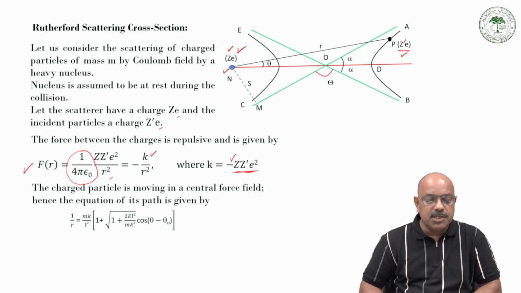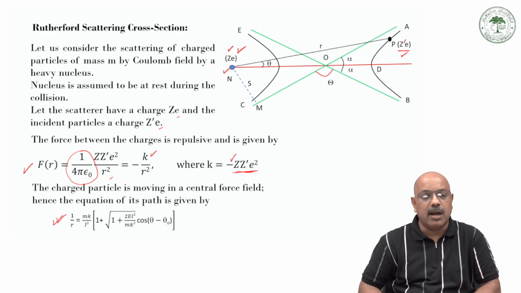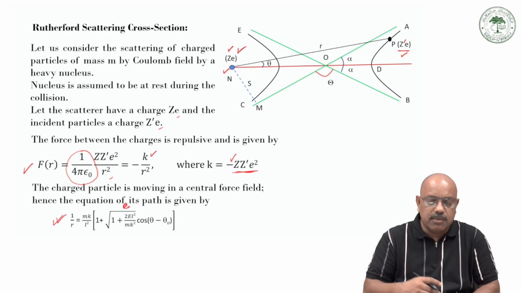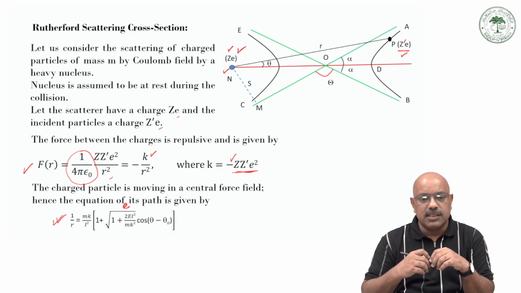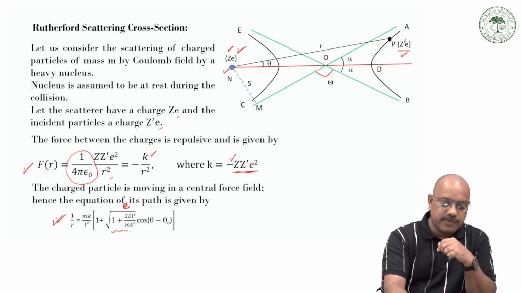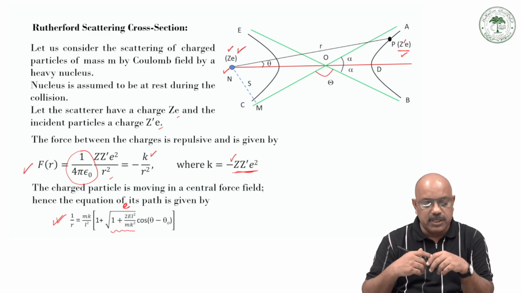Because the charged particle is moving in a central force field, we already have the equation of the path: 1 by r equals mk square, with e the eccentricity. When a charged particle moves in a central force field, the orbit can be an ellipse or a hyperbola, and depending upon what e is, the trajectory is decided. This is the general formulation.